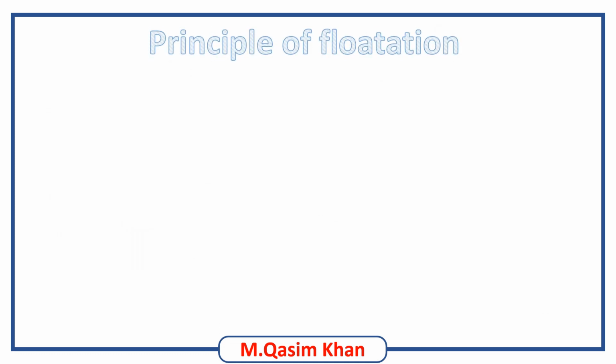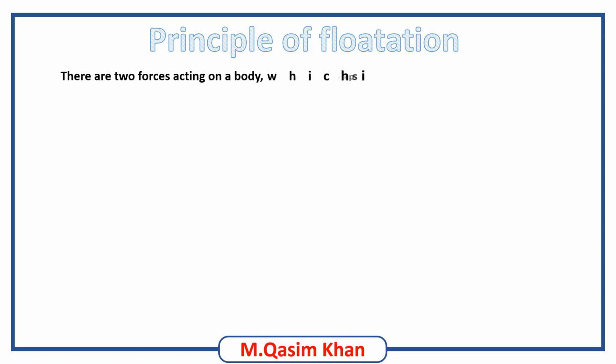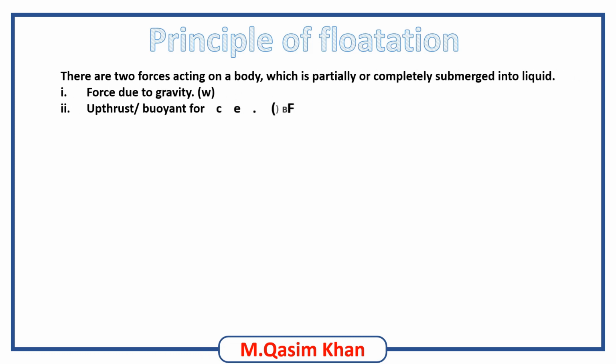So viewers, do you know why large ships float on the surface of the ocean while a very small needle sinks into the water? To understand this, let's look at the principle of flotation. There are two forces acting on a body: force due to gravity, that is weight, and upthrust or buoyant force.